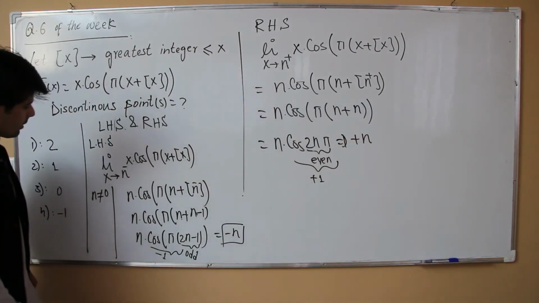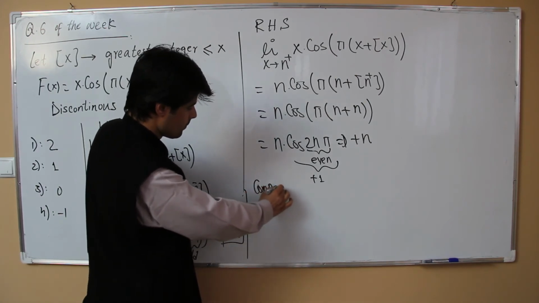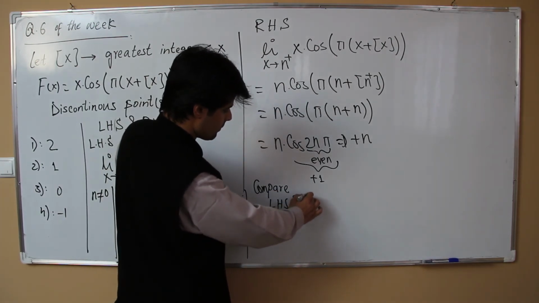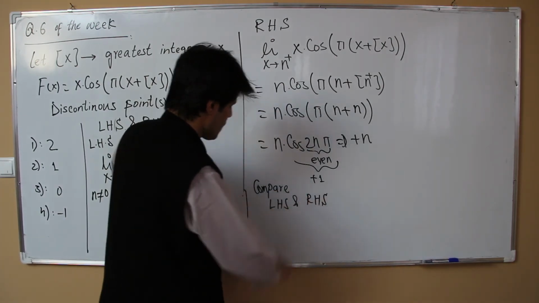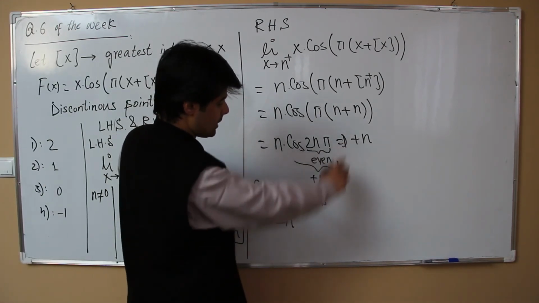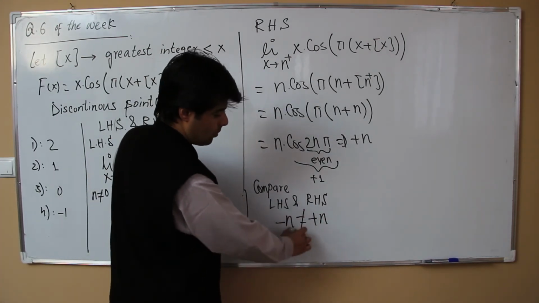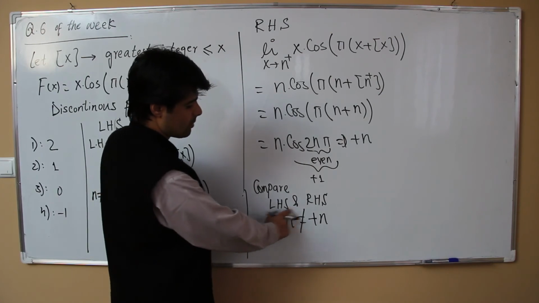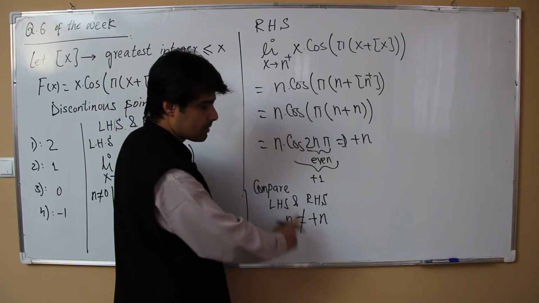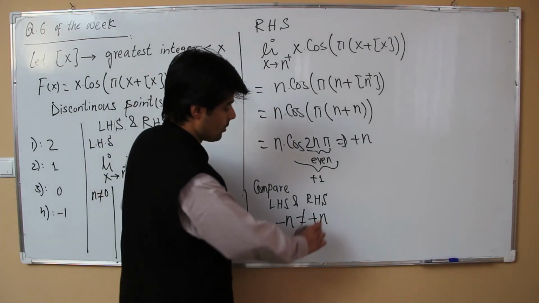Now compare LHS with RHS. The LHS is minus n and the RHS is positive n. Are they the same? No. If they are not equal, the function is discontinuous.